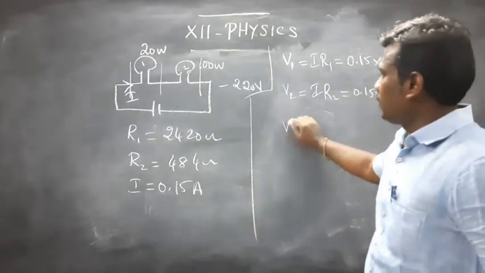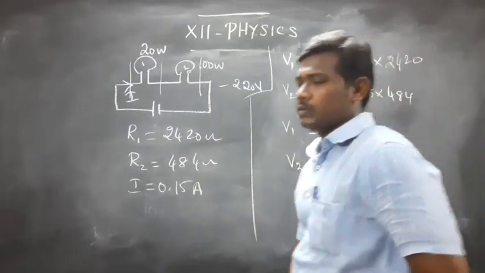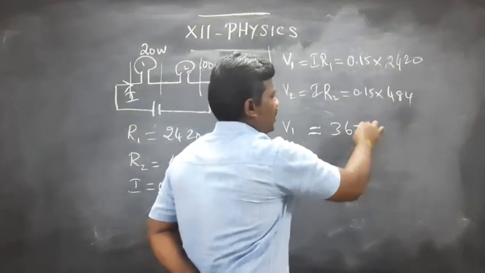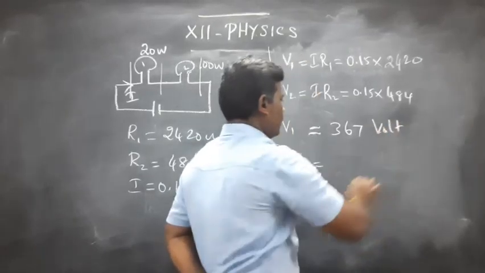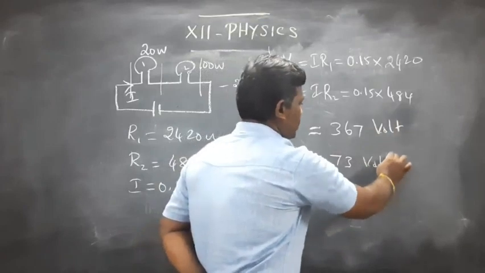So V1 is approximately 367 volts, and V2 is approximately 73 volts.